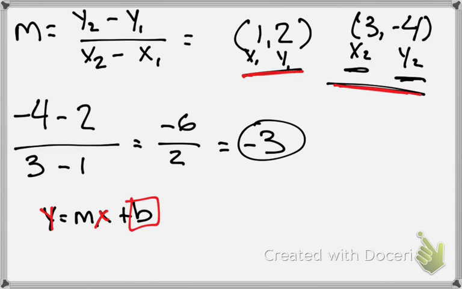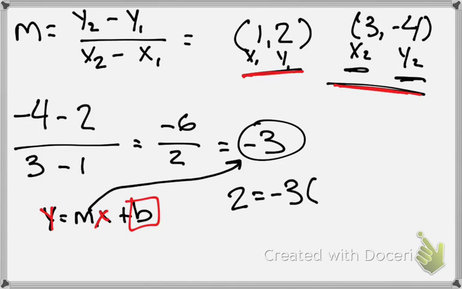So if I do just that, we'll talk about y1. So I'm going to take my y, which is 2, my equal sign. We found that my slope was -3. So we'll have -3 times x, which in this case is 1, plus b, because I don't really know what that is yet.